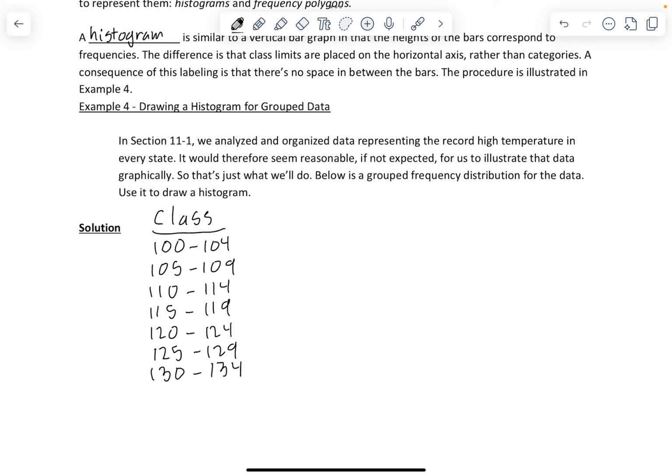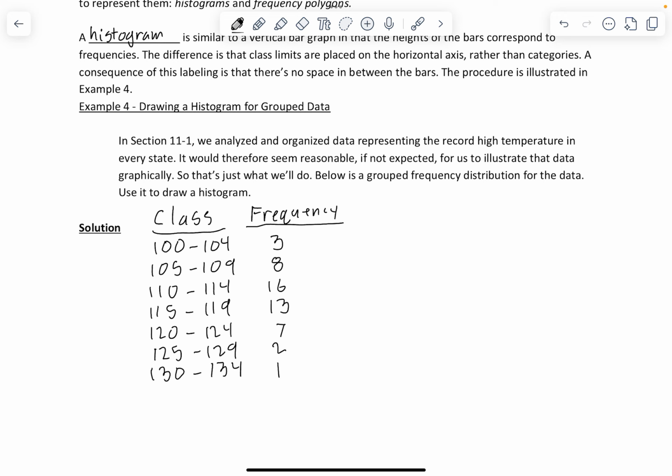And then we had, I'm not going to put the tally column on. That's really only necessary for when you're first constructing it. But the most important pieces of information are just the class and the frequency. So the frequencies for the first class was 3, and then 8, and then 16, and then 13, and then 7, and 2, and 1.